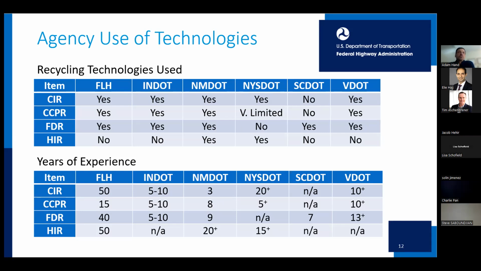New Mexico DOT used all 4 technologies. South Carolina only uses FDR. And then there are 3, Federal Lands, Indiana DOT and Virginia DOT, that use CIR, CCPR, and FDR. And again, there are reasons for this, right?